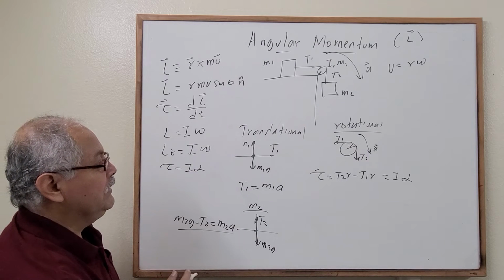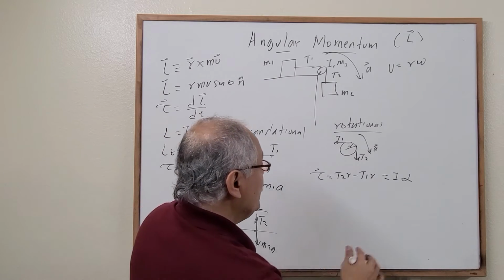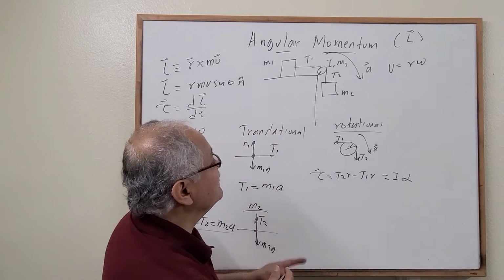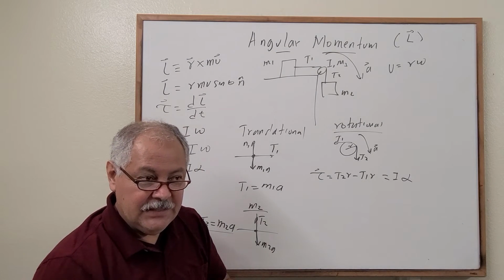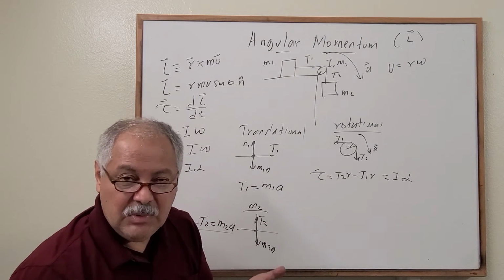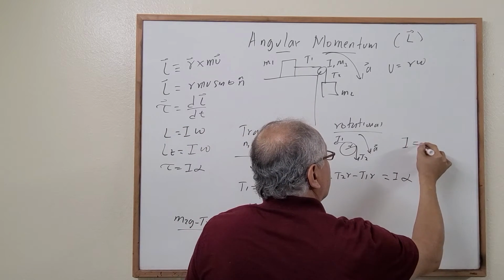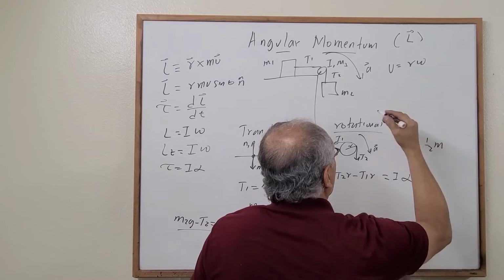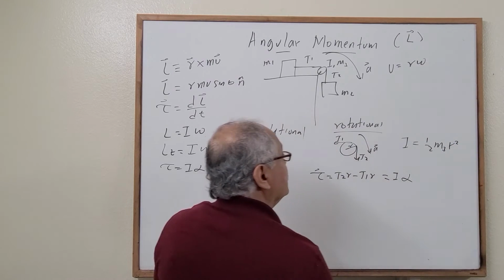Perfect. And then we can go to the moment of inertia because this is a pulley. The pulley we can take as a disc or a cylinder, and the moment of inertia is the same for both. So the moment of inertia for the pulley is equal to 1/2, and we call it M3, times R squared.